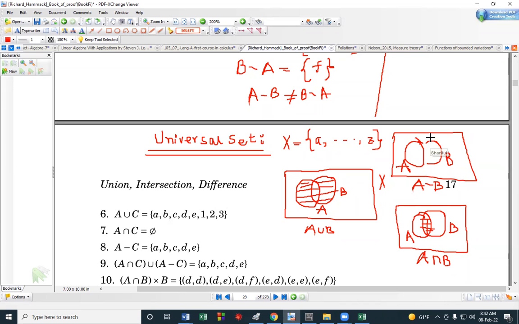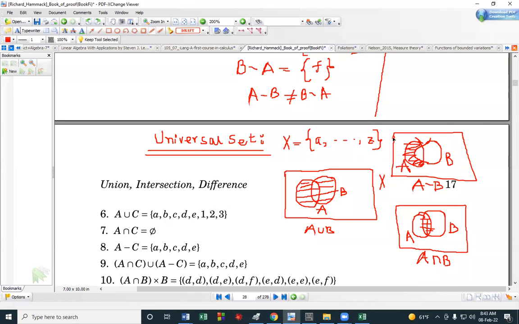This is your A, this is your B. So the part of the set A that is not a part of set B is A minus B. This part of A is not a part of the set B, so this is my A minus B.